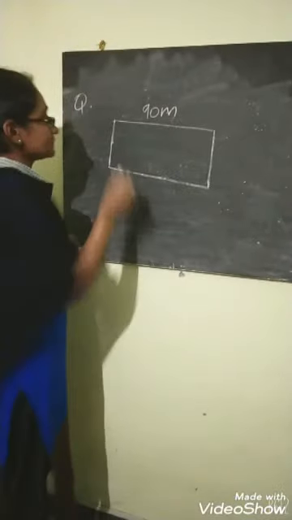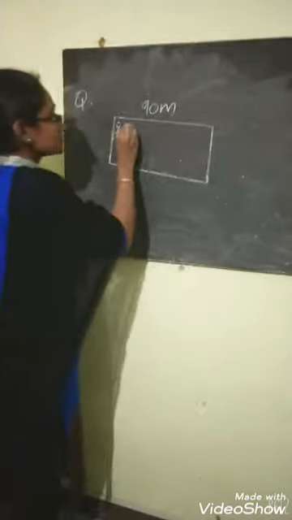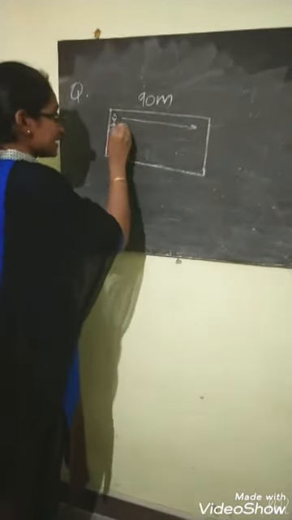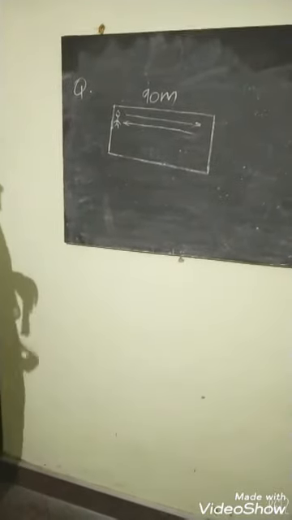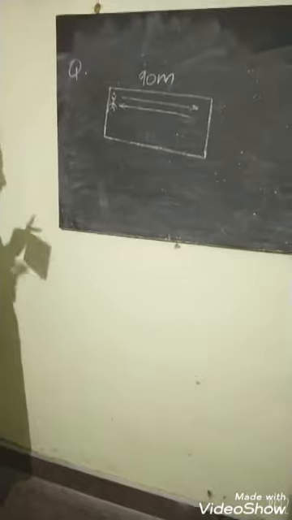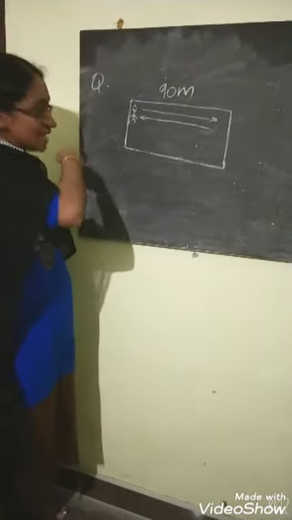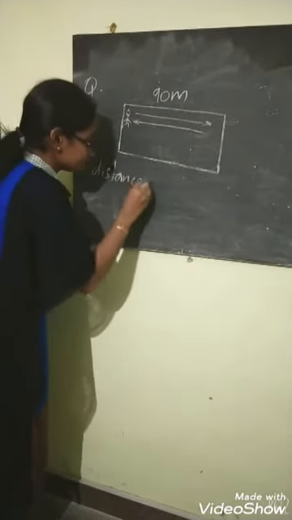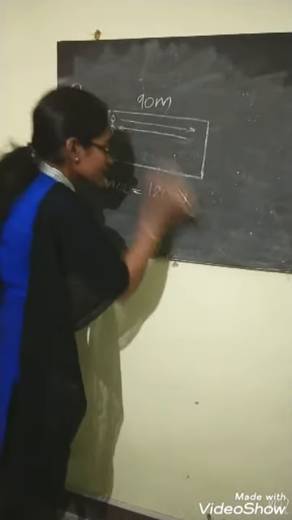First this person traveled this way and he returned. So then what is his distance? He traveled the distance 90 to that side and 90 back. Then distance equals 90 plus 90, 180 meters.